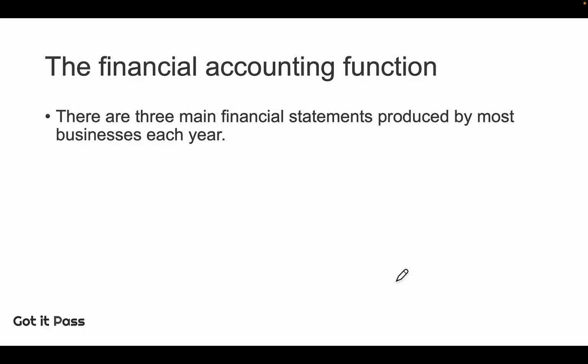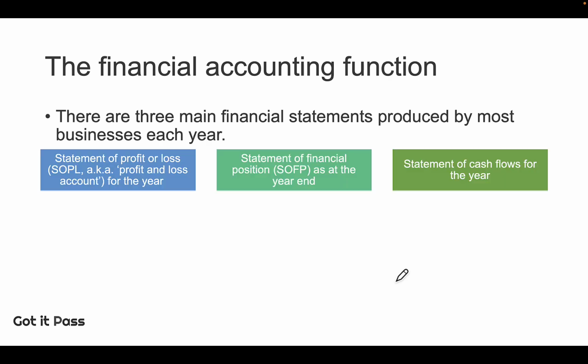Right now, accounting records are likely to be maintained on a computerized and integrated system. And here are the most popular financial statements you can find in the financial accounting or accounting systems. We have three financial statements. The first one is the statement of profit and loss, or SOPL, also known as the profit and loss account for the year.